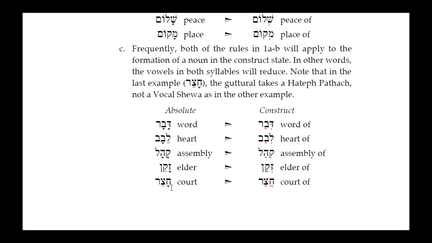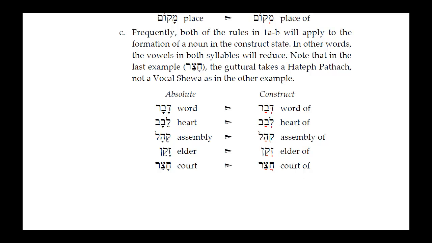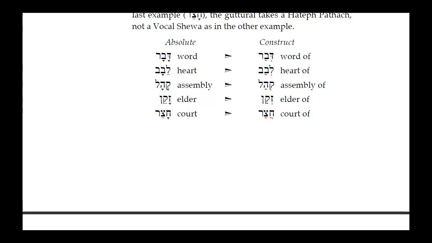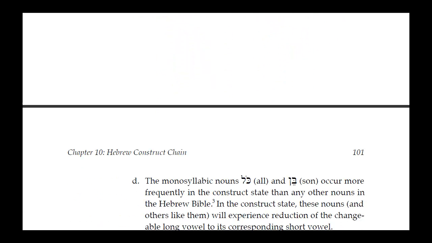The qamets reduces, instead of to a simple shava, because this is a guttural, a chet is a guttural, to a hatef patach: chatsar, court of. So you have there the occurrences of both rules 1A and 1B in the vowel reduction.